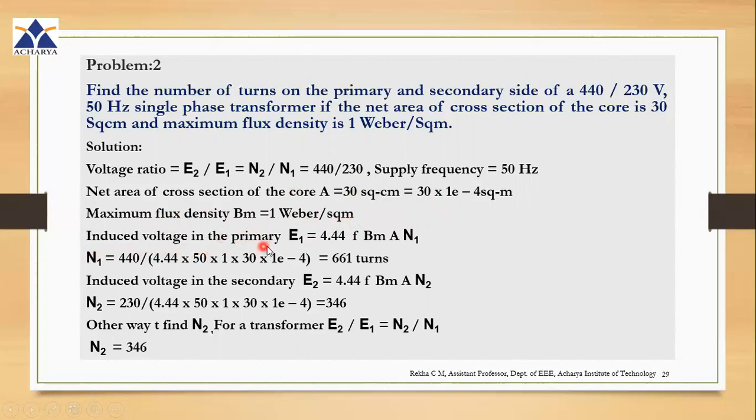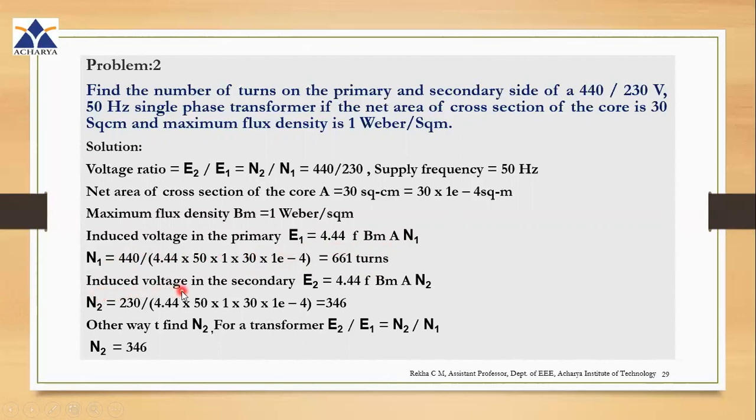The induced voltage in the primary is given by the formula E1 is equal to 4.44 F Bm A into N1. Now you find N1 from the above formula because all the other parameters are known. So we get the N1 value as 661 turns.